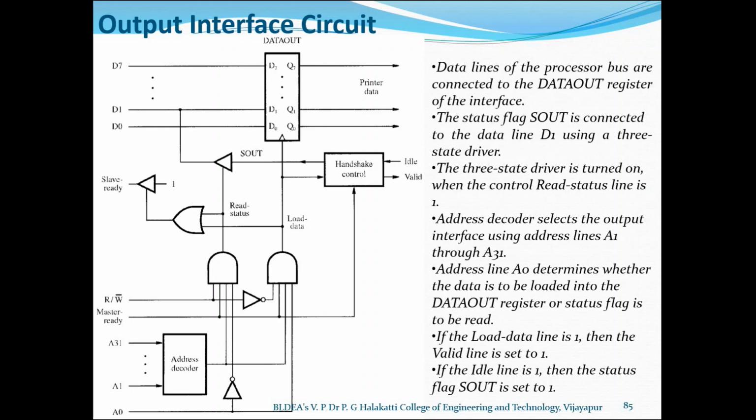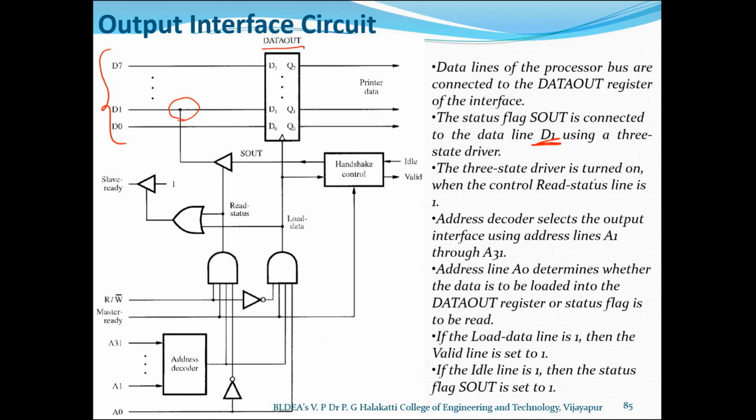Now here, if you are able to see, the data lines of the processor bus are connected to the data out register of the interface. The status flag sout is connected to data line D1, unlike the previous one wherein SIN was connected to D0. Here it is connected to D1.